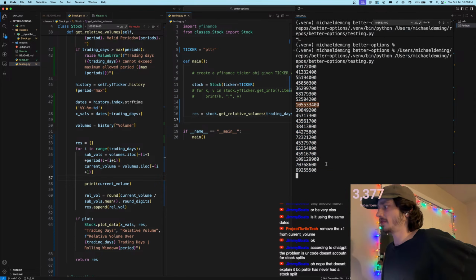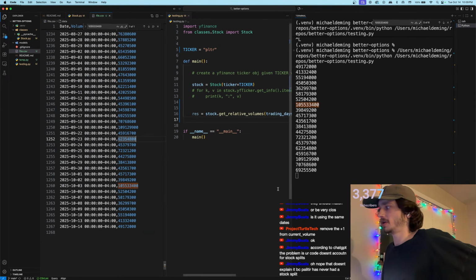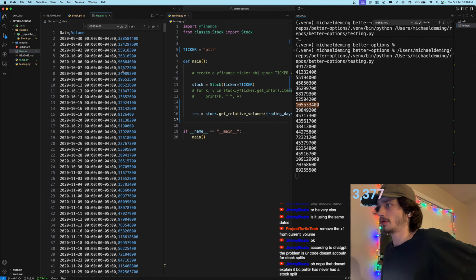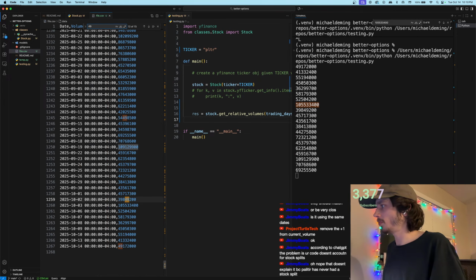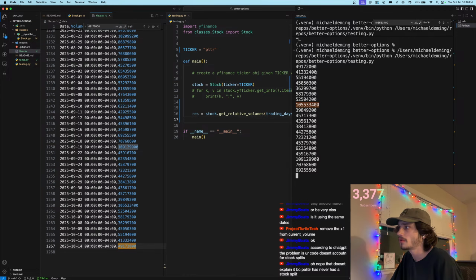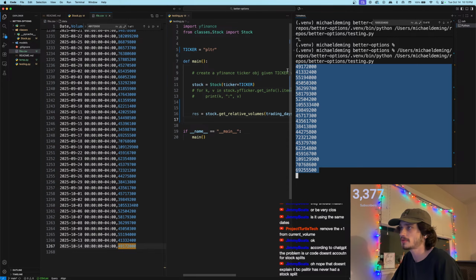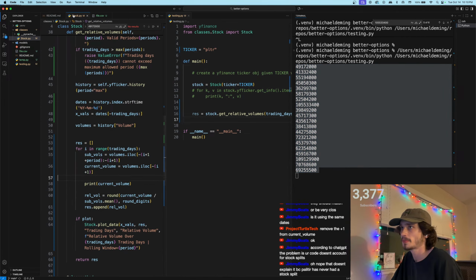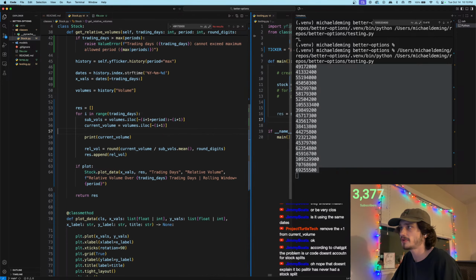These are the last 20 volumes, which is not true because, where is this coming from? 49172000 was the last one. Oh, it might just be reversed. It might just be reversed.